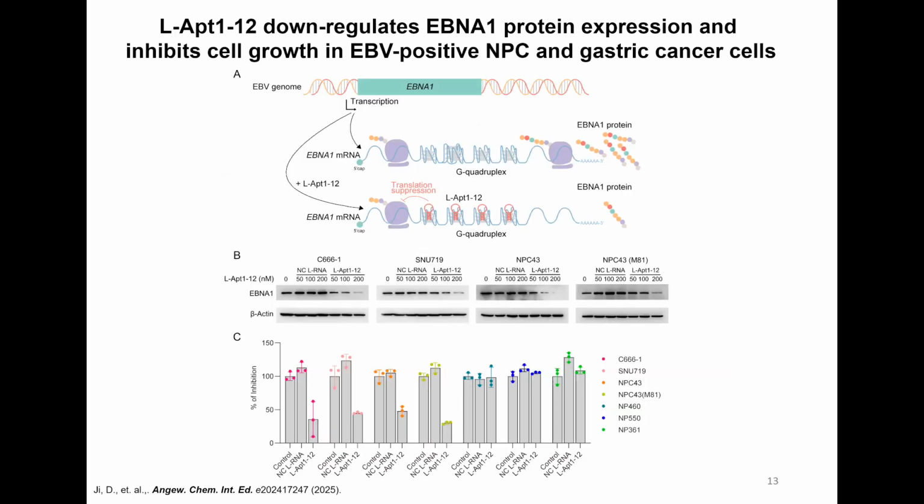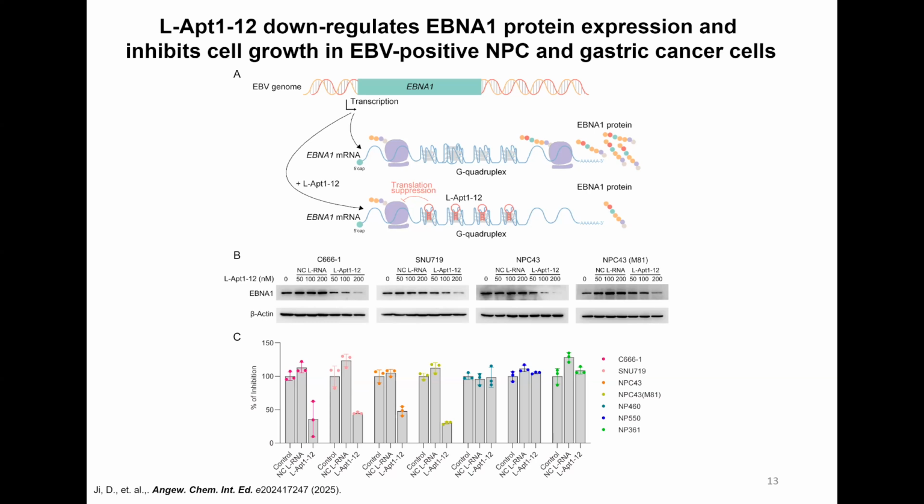And then, again, long story short, we do some reporter gene assays, and we also do it on the endogenous EBNA1, to see when we add the L-aptamer whether it can suppress the translation, because the EBNA1 mRNA has repeats of G4. What we found is that by treating with the L-aptamer, and with another L-aptamer that doesn't bind to the EBNA1 RG4 as a control, the expression of the EBNA1 protein decreased, as shown here, where the negative control doesn't have any effect.